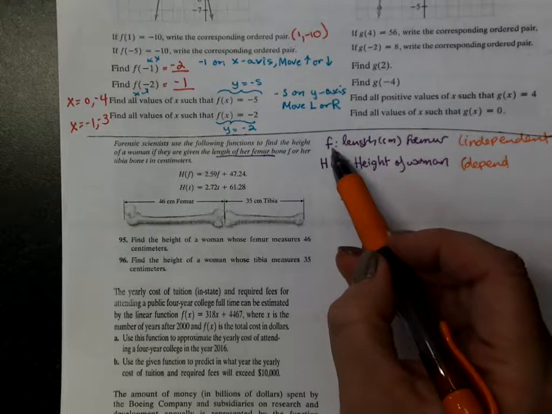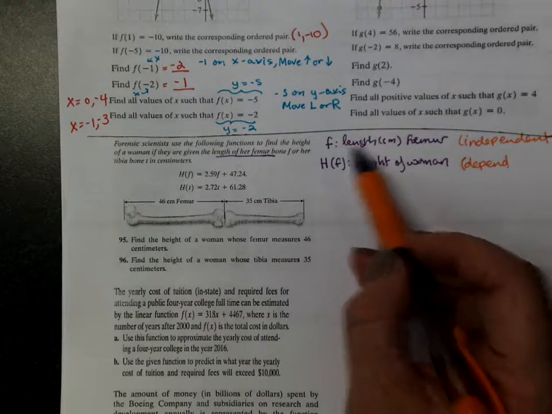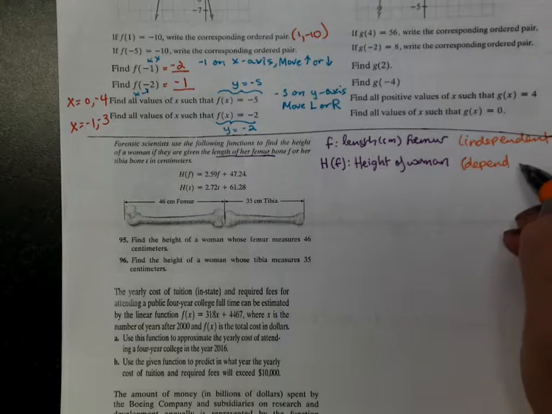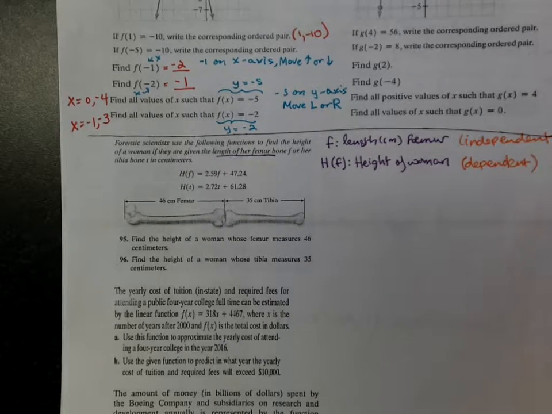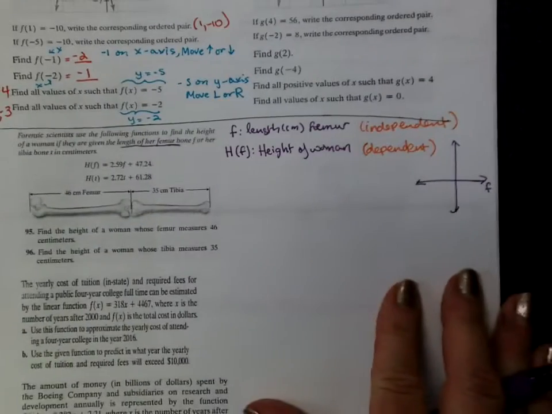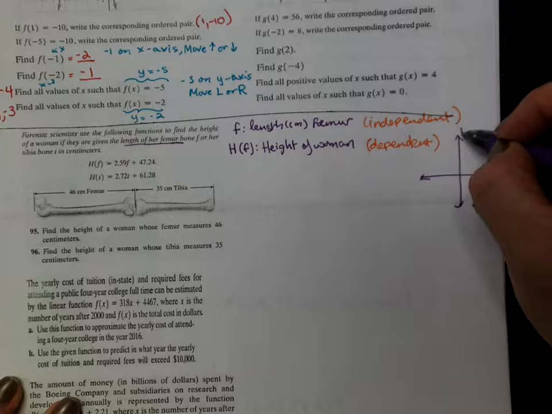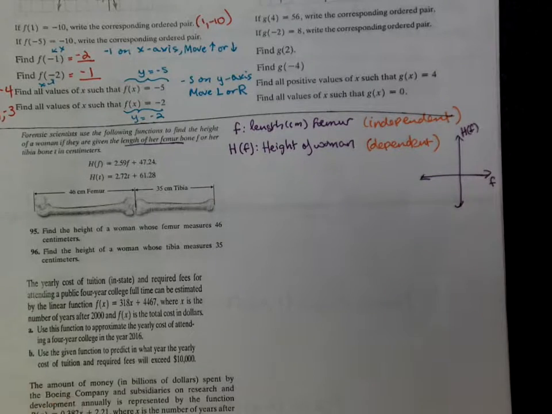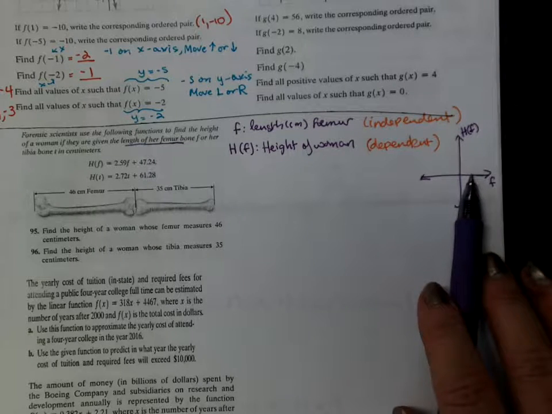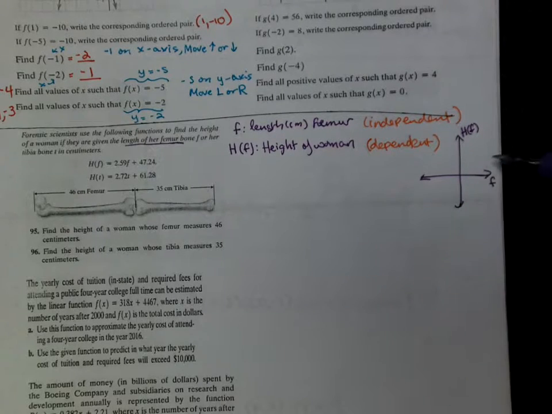Usually the one we plug in, our X value, is our independent, and then we get the value of the function, which is our Y value. So dependent. If you think of it sort of like on a graph, an XY graph, in this case, our X-axis is F. And our Y value, or the value of the function, is H of F. And as the femur gets longer and longer and longer, then the height of the woman gets taller and taller and taller.